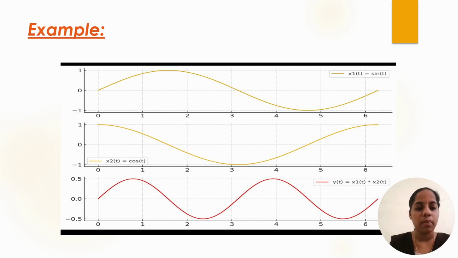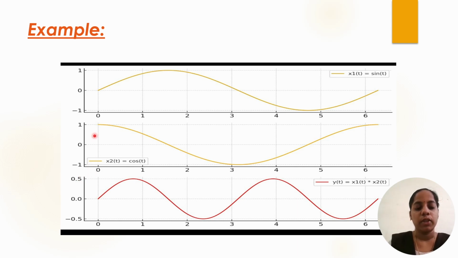And you see the example of multiplication of signals. Here, this is the amplitude, minus 1 to 1. This is the time period, 0 to 6. This is the signal x1 of t, sin t, and here x2 of t.